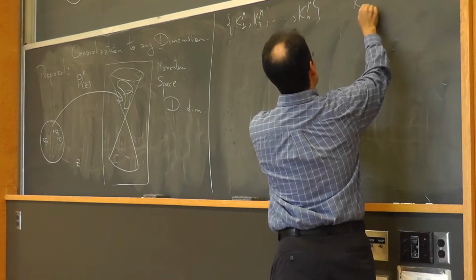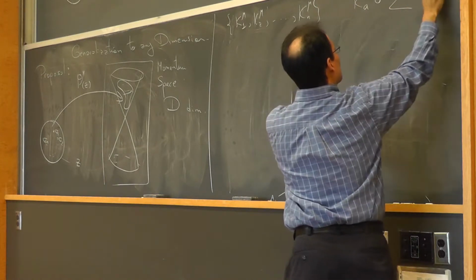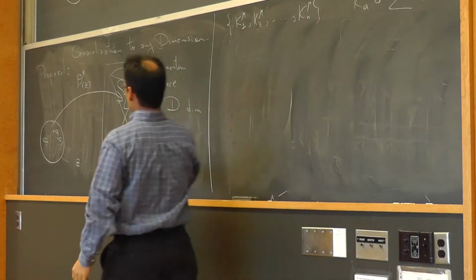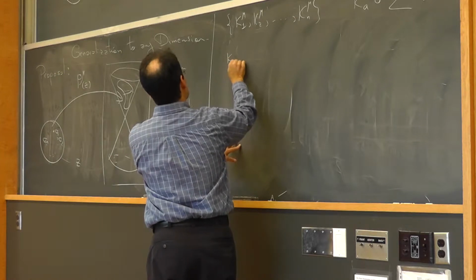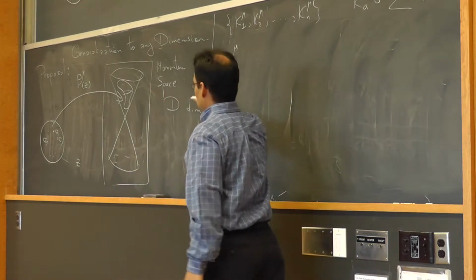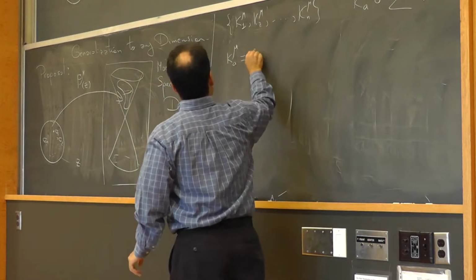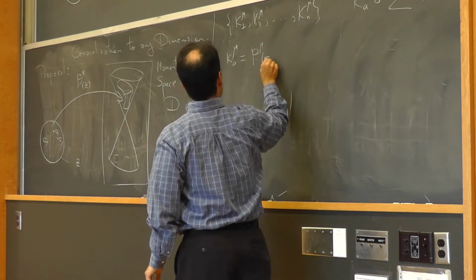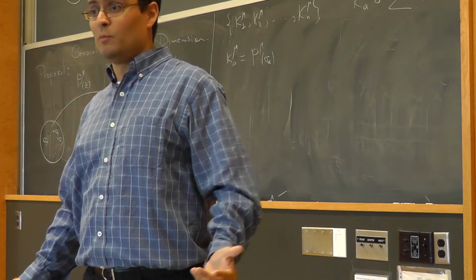They are all known, and they satisfy momentum conservation. So a natural conjecture would be to say that you want k_a, the momentum of particle a, to be just the image of the map. That would be nice, right?